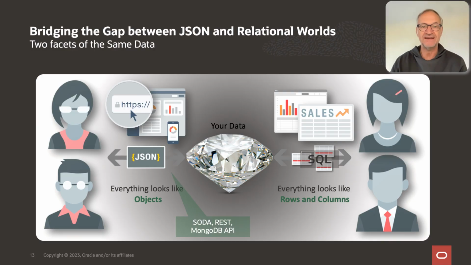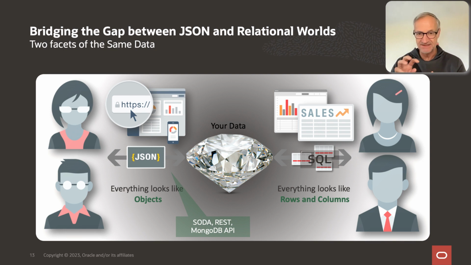So with that said, coming back to Oracle and the converged database, our vision is really to bridge the gap between the JSON and the relational world. The data is your asset, right? That's what counts in the database. So we want to enable you to work with your data in whatever is the best possible form for your business requirements.